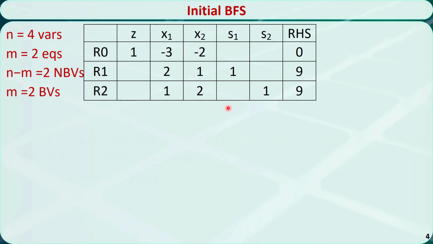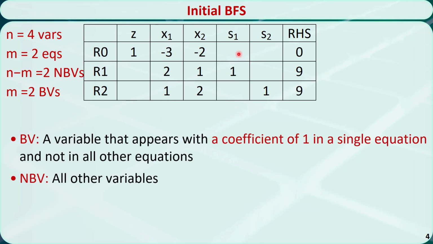We can pick the variables that appear with a coefficient of 1 in a single equation and not in all other equations as basic variables. For example, s1 has a coefficient of 1 in row 1 and is not in other rows. It's a basic variable. So is s2. The other two variables, x1 and x2, are non-basic variables.